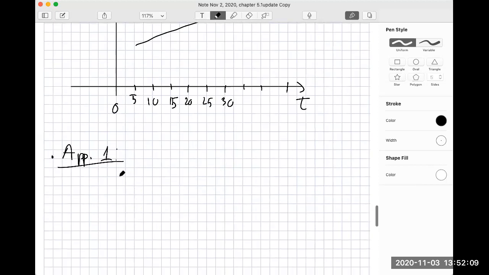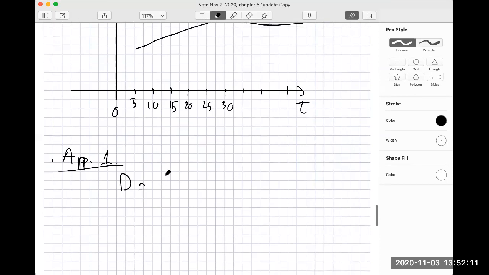And let us call the distance, it will be the sum from i equal to 1 to n of f at the time t_{i-1} multiplied by delta t.